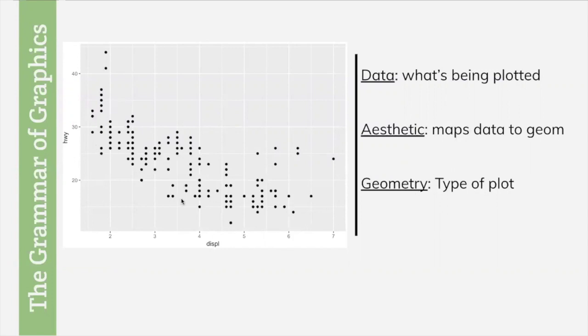Here we've specified that we are going to map the data to a scatter plot. So the data are our two variables. We specify that we're going to put the DISPL on the x-axis, the highway on the y-axis, and then the geometry is a scatter plot. Now, this is a very simple visualization, but you can build on these concepts to make very complex and very involved graphics that are still very effective communicating your points.